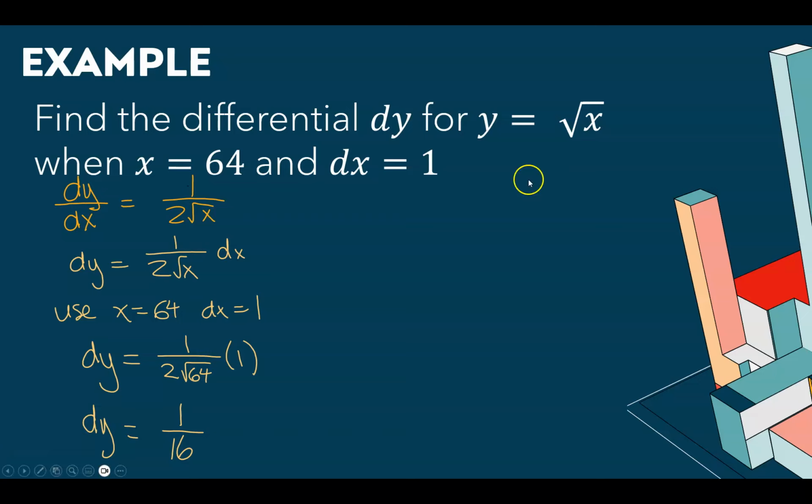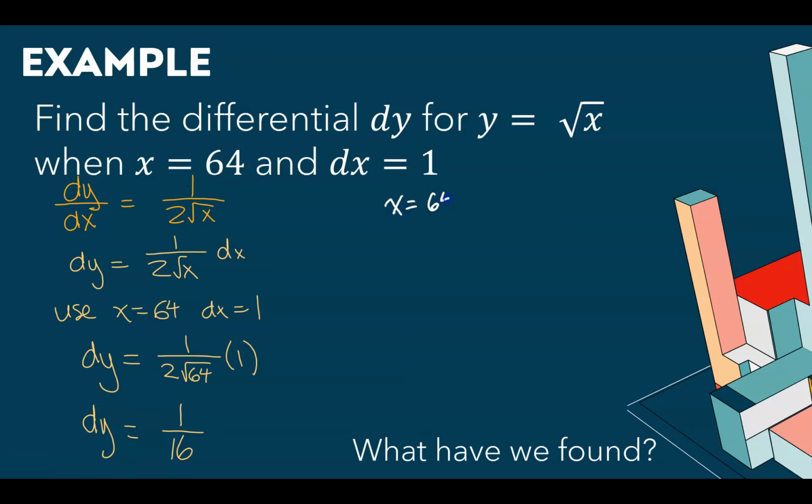Well, don't forget, dy is an approximate change in y. So let's think about what we wrote down. We had x is 64, delta x and dx are kind of the same thing, so we'll just call them both 1. So really, we're talking about something happening at 65.